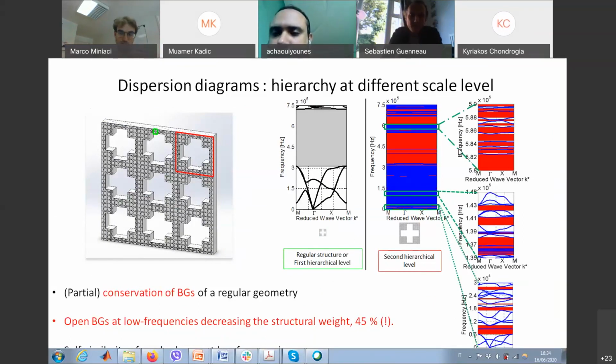So as you were saying, and as I said in the presentation, many of these modes that we can see here, because the analysis was purely linear elastic, would disappear. So this approach will allow us to further show the potential of the hierarchy, because what we see here as partial conservation of band gap, with many hierarchical levels you will increase the imaginary part of the wave number, and of course you will tend more towards a total band gap conservation, in addition to other band gap opening.